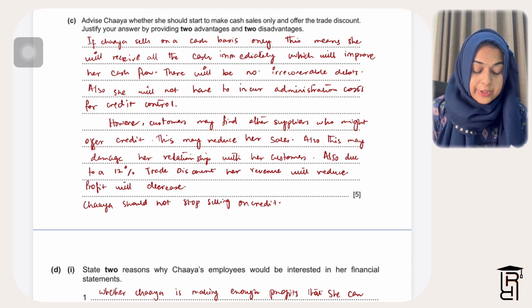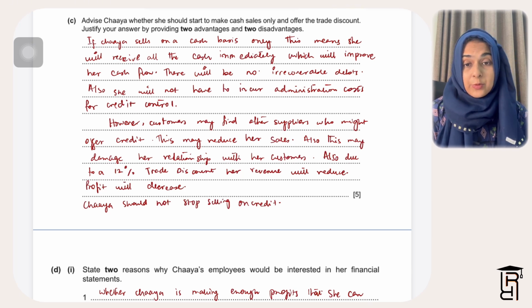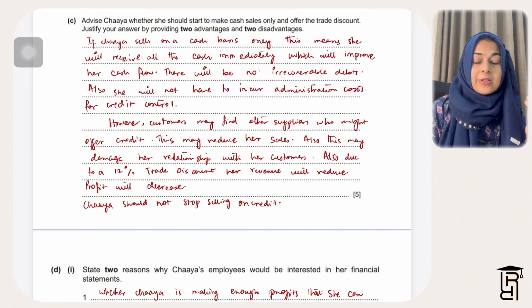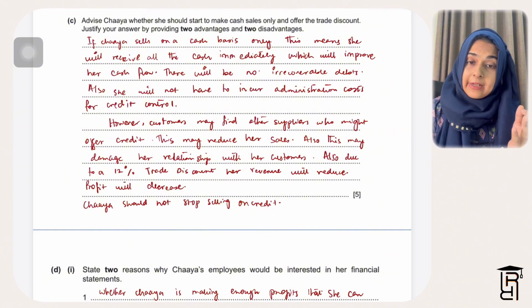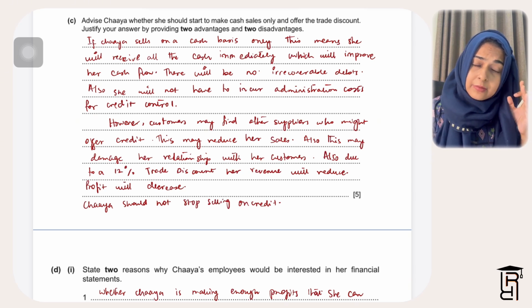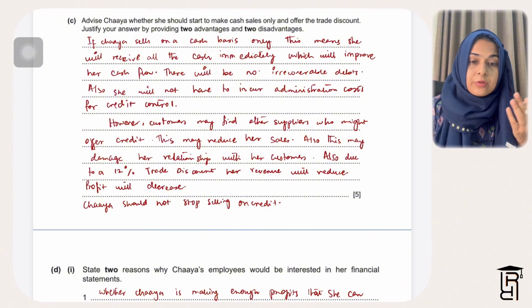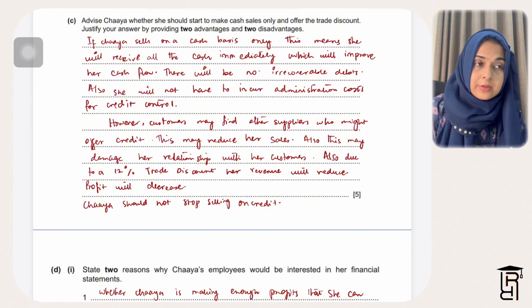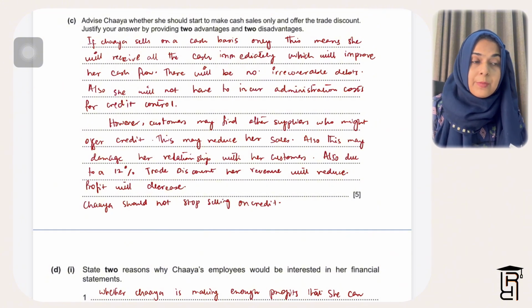Also, this may reduce her sales because a lot of businesses offer credit terms to customers. If Chaya stops offering credit terms to her customers, customers might just switch to competitors, because Chaya is not offering them credit.